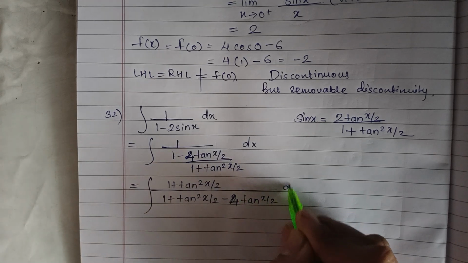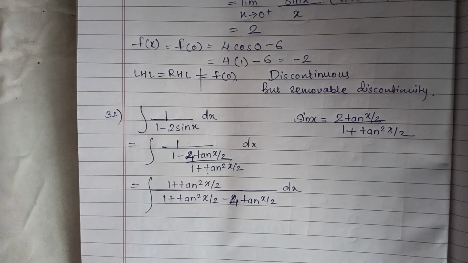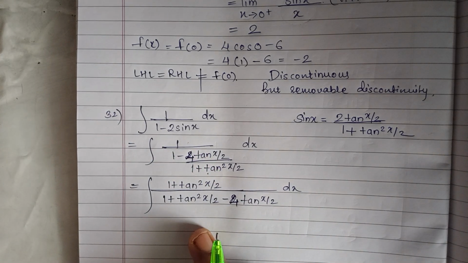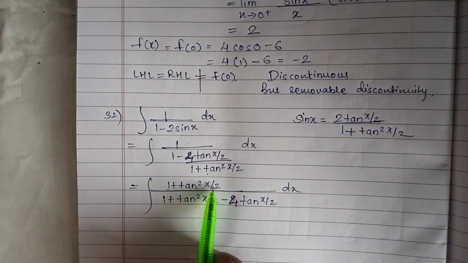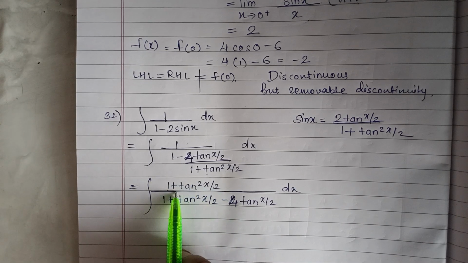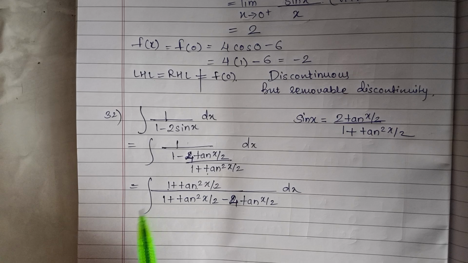So the term in the denominator will go in the numerator. Now this is 1 plus tan square x by 2, so using the identity it becomes sec square x by 2. Correct?